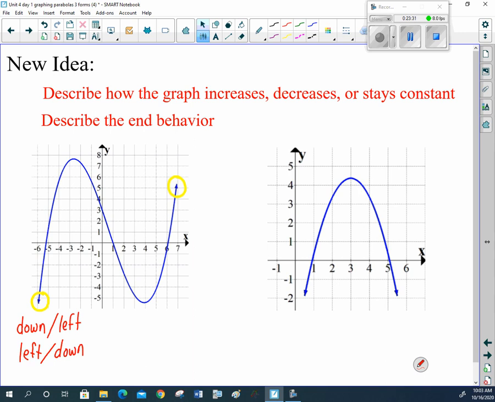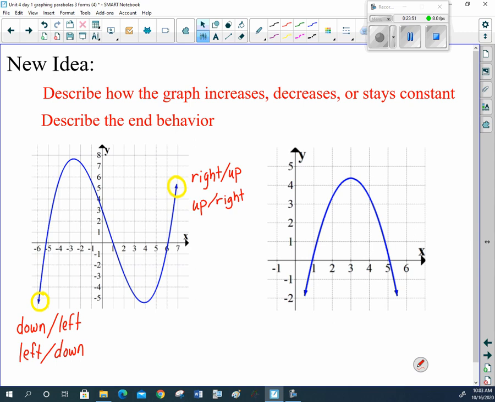Okay, what about the arrow on the right? Well, it looks like it's moving to the right and up. Or you could say it's going up and right. Doesn't really matter. Okay, that's a good verbal description.